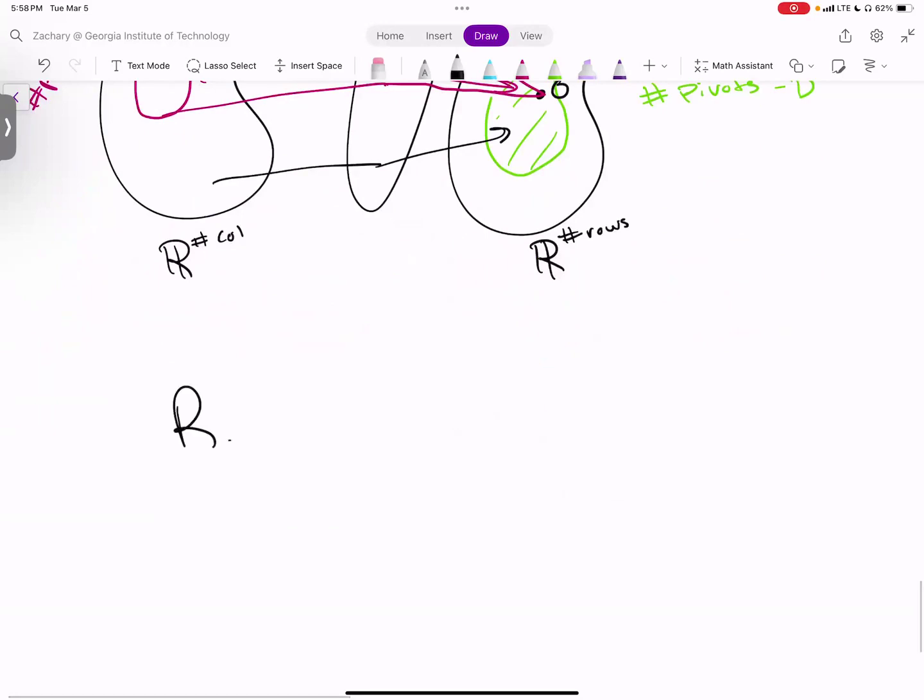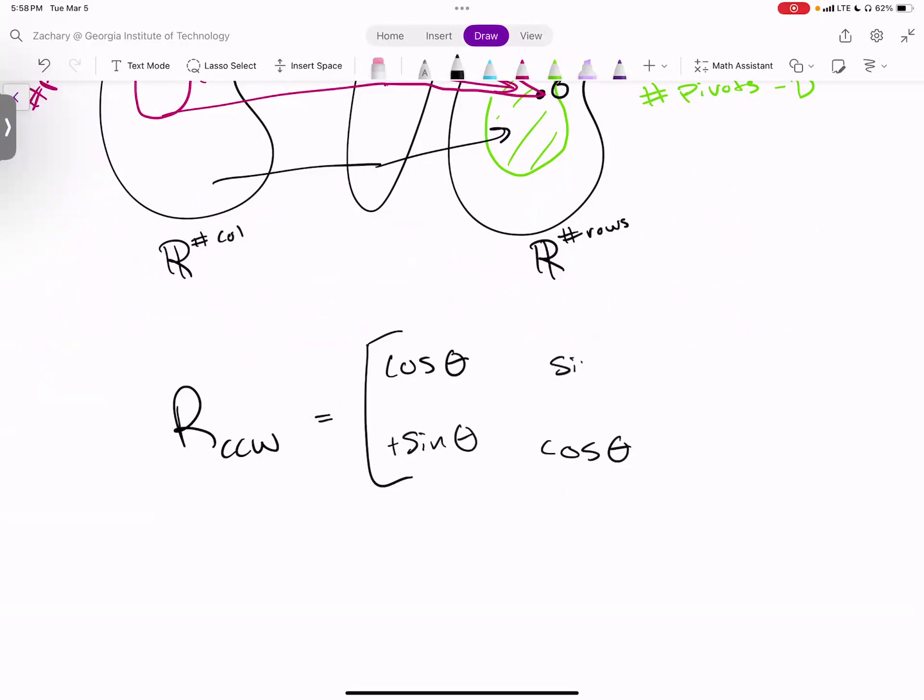The rotation for counterclockwise rotation is cosine theta, minus sine theta. No, I got that backwards. Minus sine theta. Yes, final answer. The only difference is if you're solving this for clockwise, this is going to be negative and that's going to be positive.